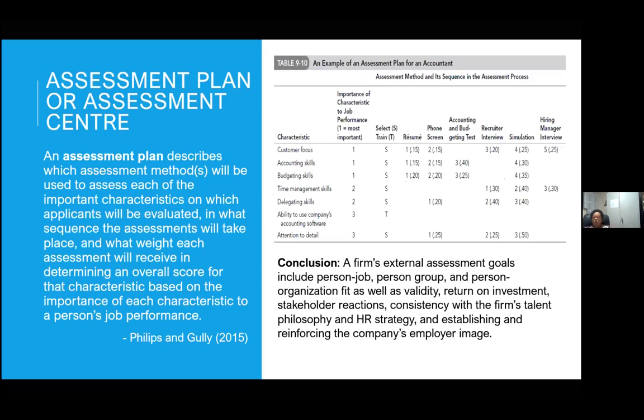You notice that they have given numbers to them in terms of what's most important. And that is the sheet that the interviewer, if it's a single interviewer, will fill out in making the assessment of whether this candidate is suitable or not. Or if it's a panel where you have several persons carrying out the interview, they'll meet at the end of the interview, compare their notes and their scores, and then come up with the final scores.